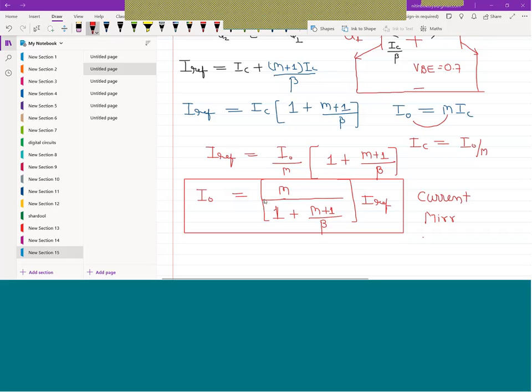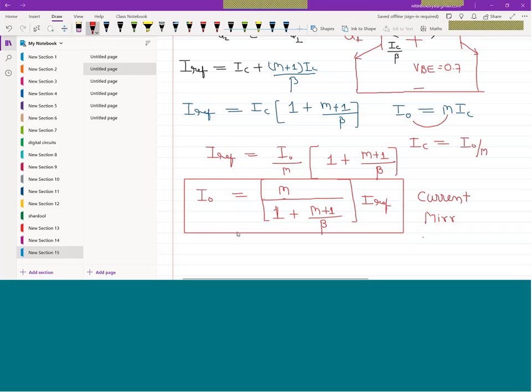Okay, so this is the relationship between reference current and I naught current in the current mirror.